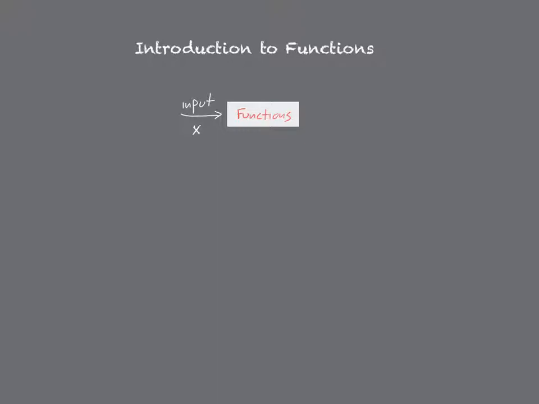This function will have a process, and we're going to call this the function of f. And then later on, after it goes through the function, through our machine, you're going to get our output, which is y.